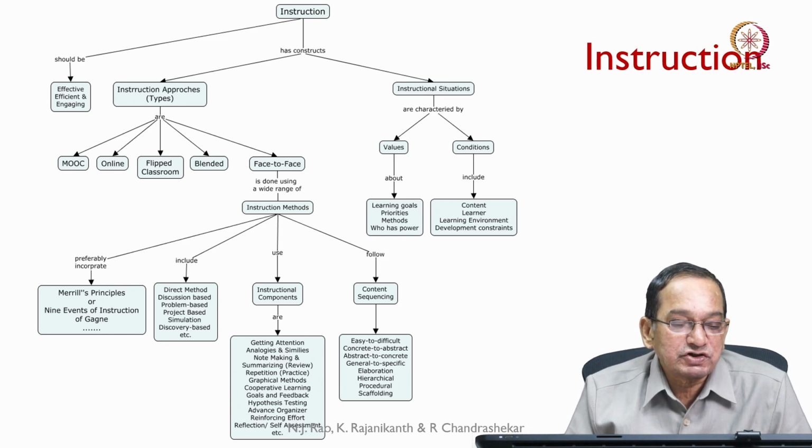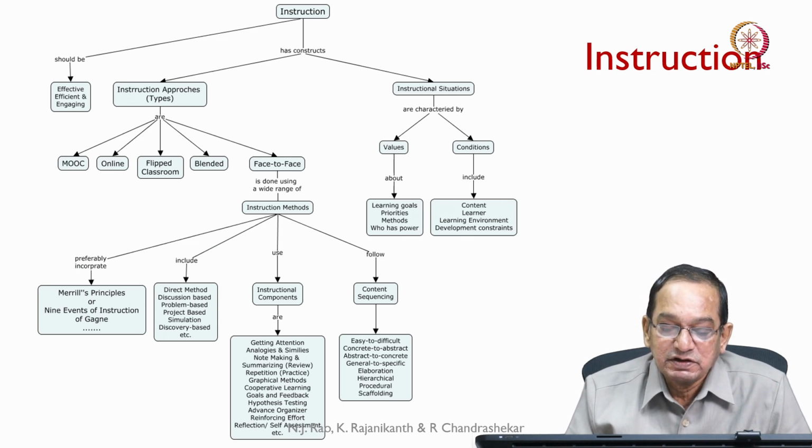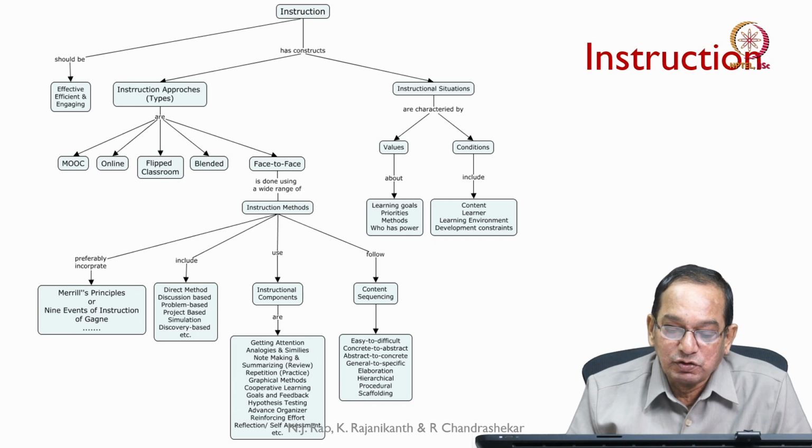Then the constructs are instructional approaches, which we saw: MOOCs, online, flipped classroom, blended, face-to-face, etc. Then instructional situations characterized by values and conditions. If you see the right hand side of the figure, these are discussed. The values include learning goals, priorities, methods, who has the power. Conditions include content, learner, learning environment, development constraints.